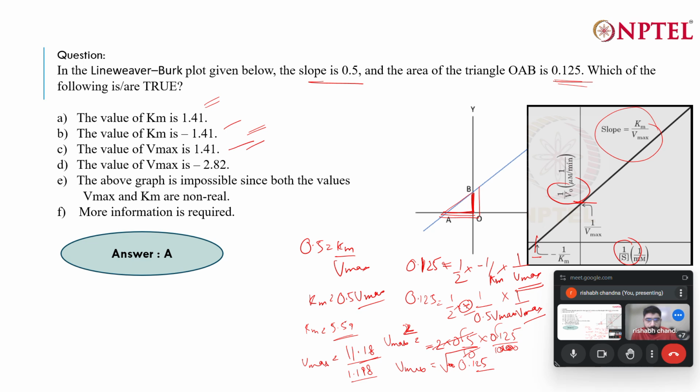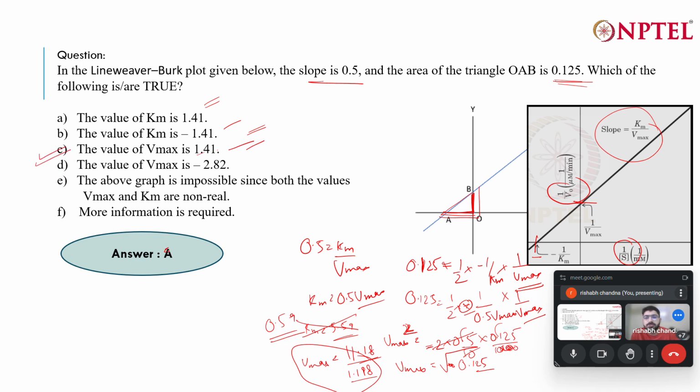And if we multiply this with 0.5, then it comes out to be 0.59. So the Vmax value is near to 1.41. So option number C is correct.